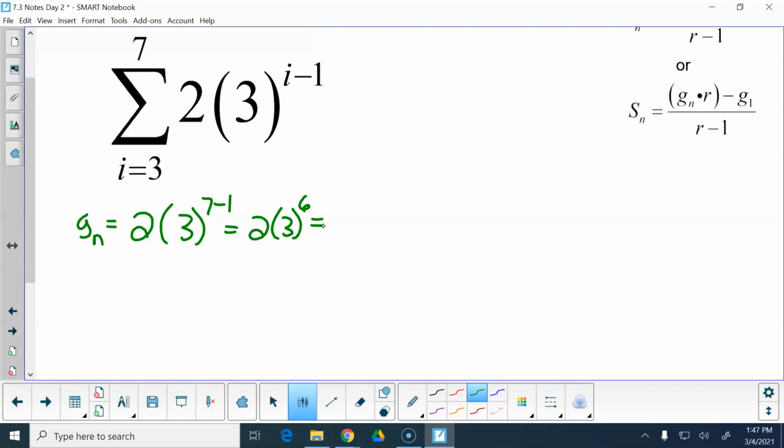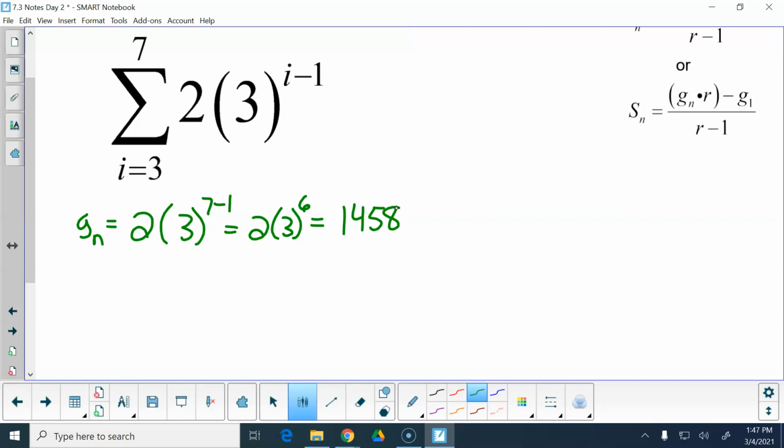Three to the 6th power is 729. 729 times 2 is 1,458.